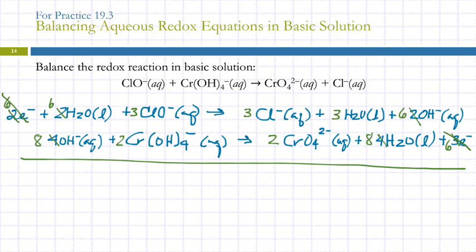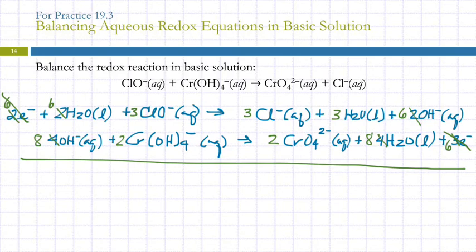Let's look and see if there are any other things that are the same on both sides. Are there? Yeah. We have water molecules on both sides, and we have hydroxide ions on both sides. So we can deal with them by crossing things out up here, or we can add them all together and then deal with it.